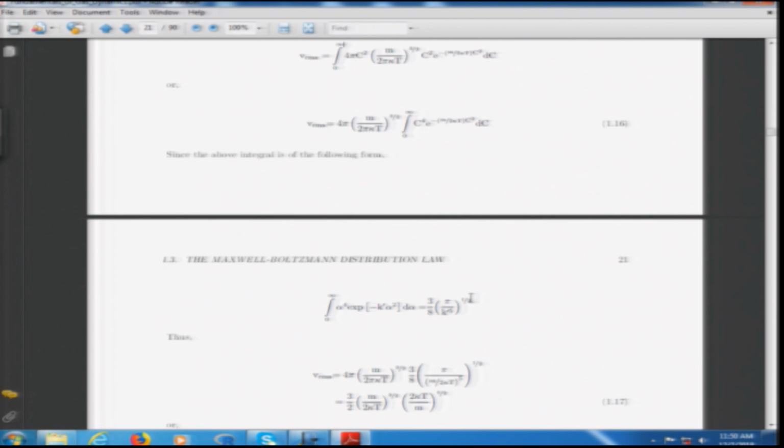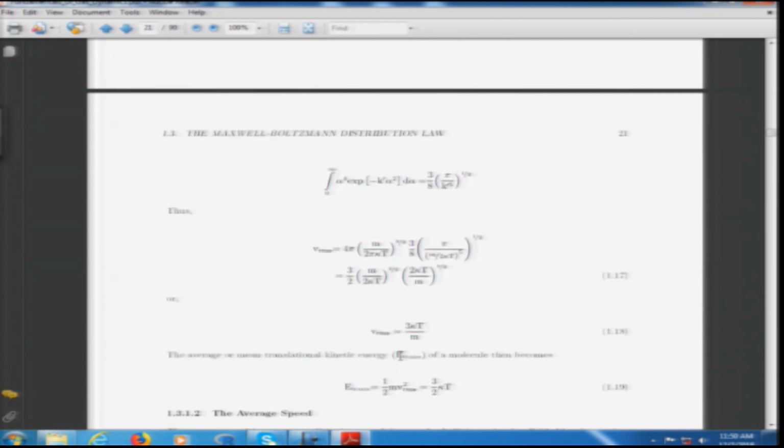If you use this definite integral in our expression 1.16, on solving we finally get Vrms is equal to the square root of 3 kt upon m, equation 1.18. Please note that this is a very important expression in kinetic theory of gases.